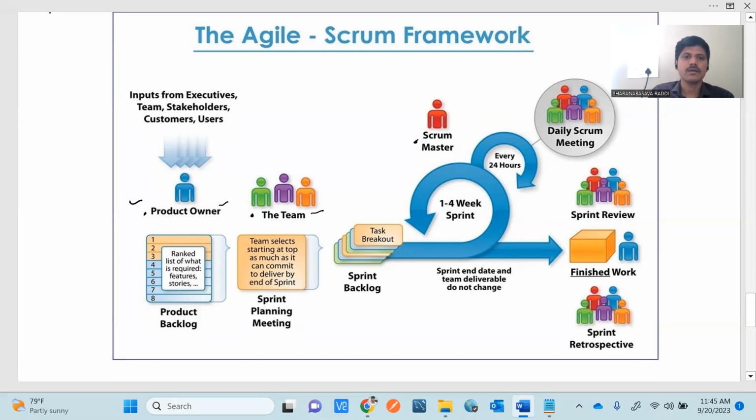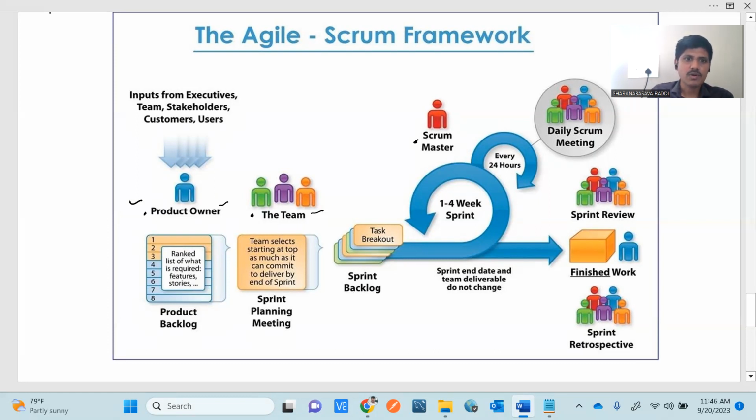That BA was responsible to collect the requirements or business requirements from the client, right? Like that, in this Agile Scrum framework, we are not having a terminology like BA. Instead of that, we are using the terminology called product owner. So from now onwards, we'll use this terminology, that is product owner.